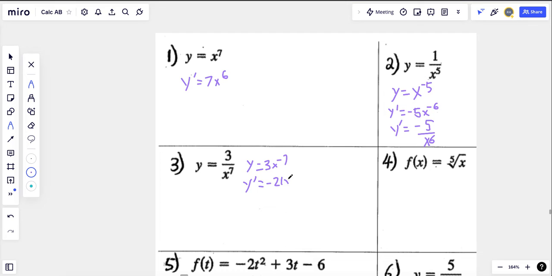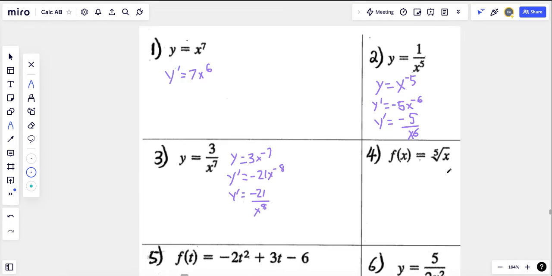And then x to the negative 7 minus 1. You reduce this by 1, so it becomes negative 8. And then you can rewrite this again, get rid of the negative exponent, so it becomes negative 21 over x to the 8. Let me rewrite that. Negative 21 over x to the 8.